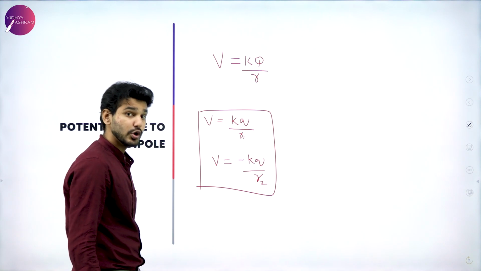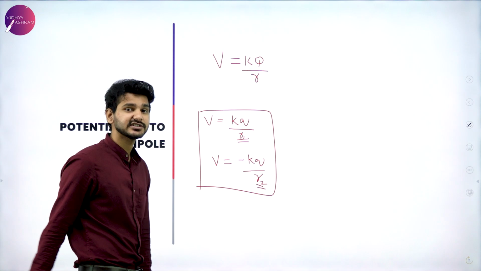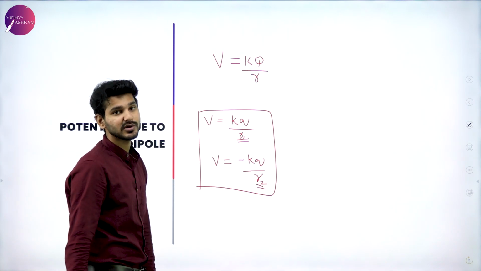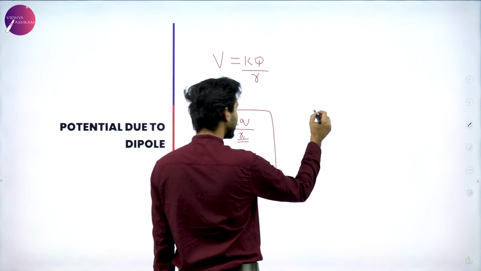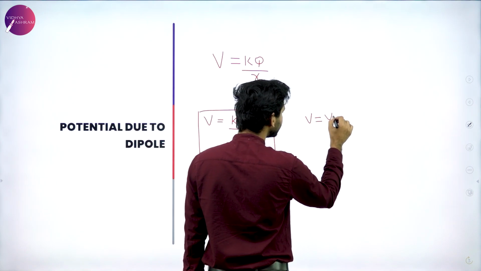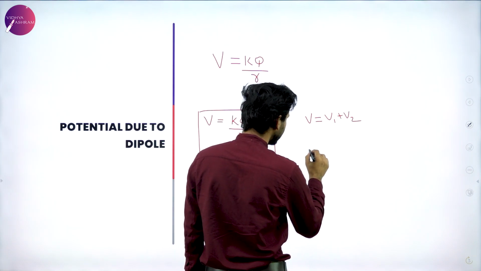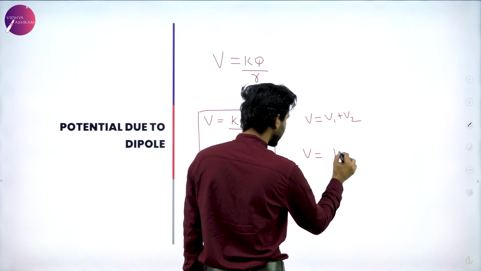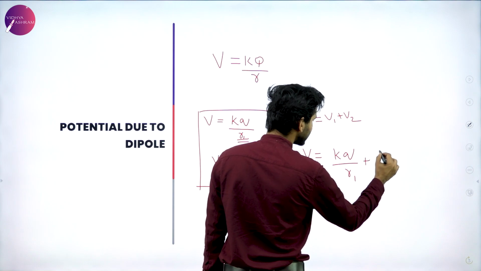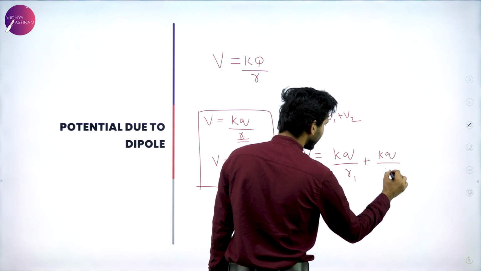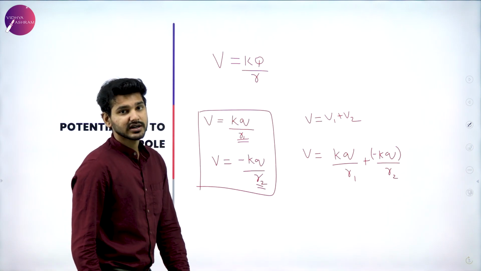So now you know why we find R1 and R2, so that we can substitute them in this equation to find the actual potential. The total potential will be equal to V1 plus V2, just like adding scalars. So V is equal to KQ divided by R1 plus KQ divided by R2, and we have to consider the negative sign.